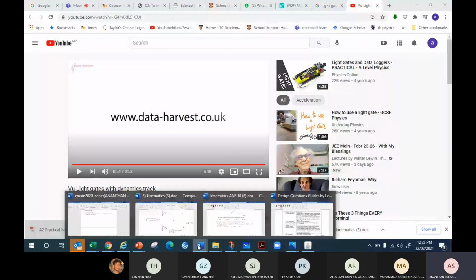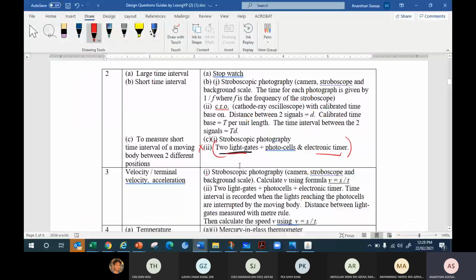Anyone? Why is this method very good? Because there is no reaction time. It's a sensor. So let's say to find gravity, when you drop an object, have a light gate on top and another light gate at the bottom, connected to an electronic timer.